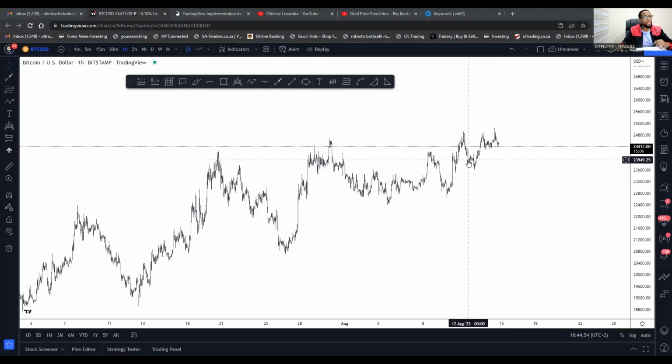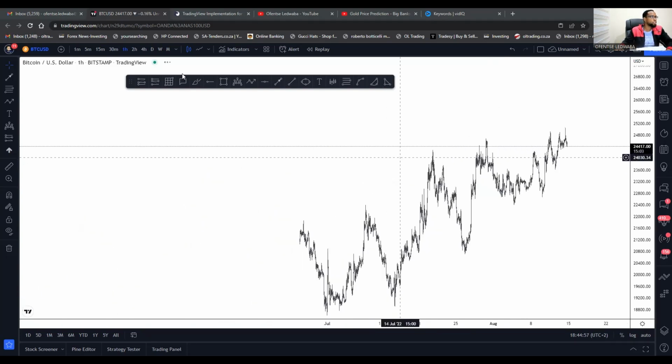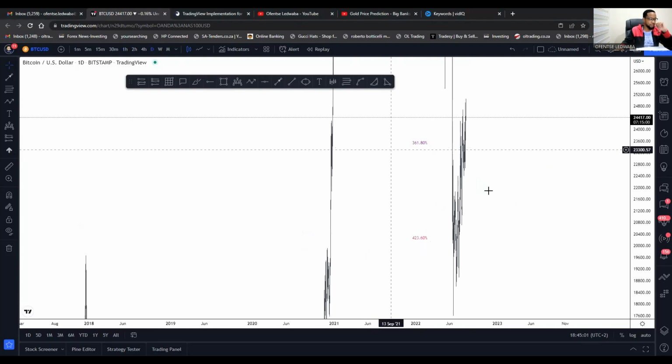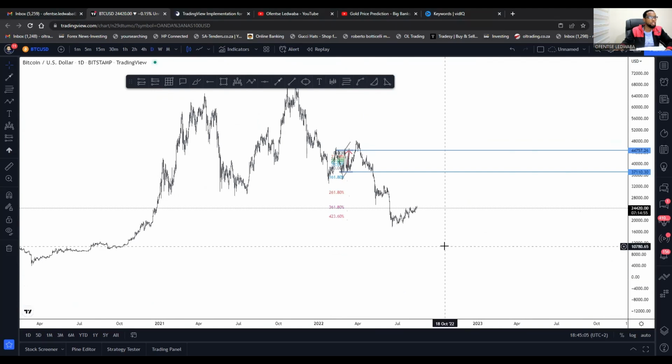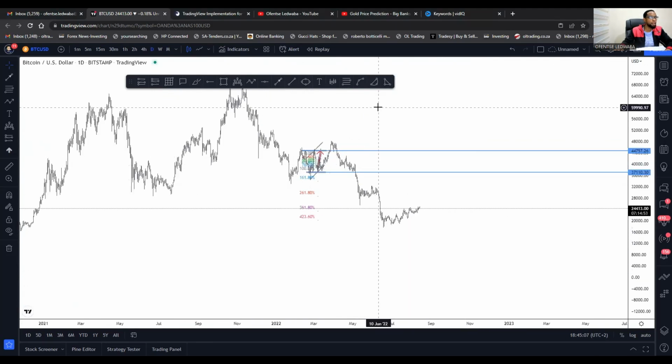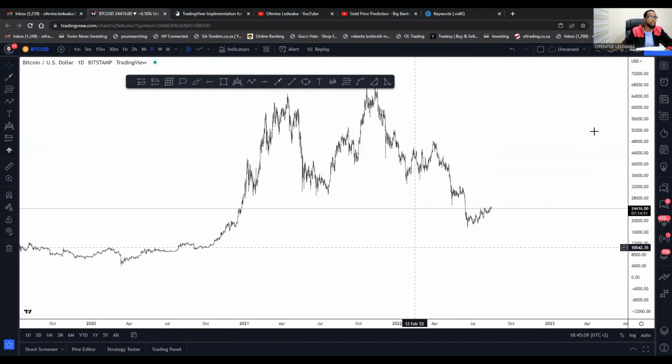Okay, now I'm looking at the Bitcoin. This is 1 hour, so I'm going to start with the higher time frame. Then what I'm going to do, as you can see, we had a similar pattern. Okay, let me remove.